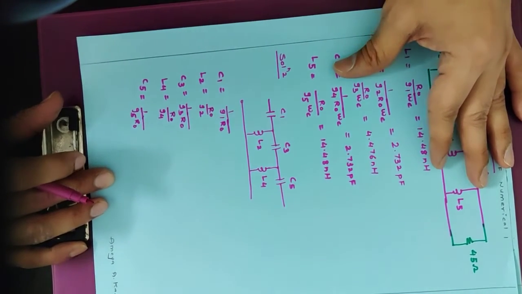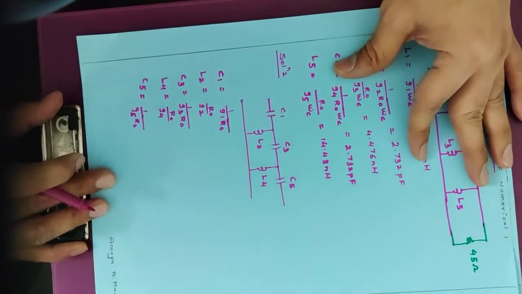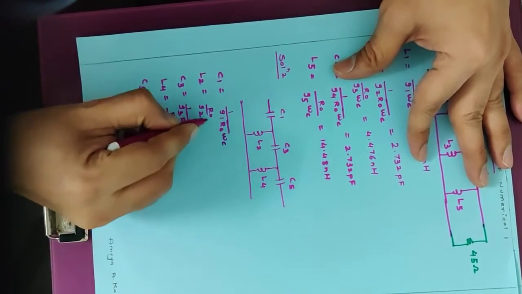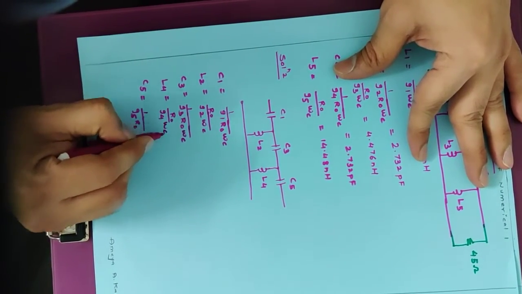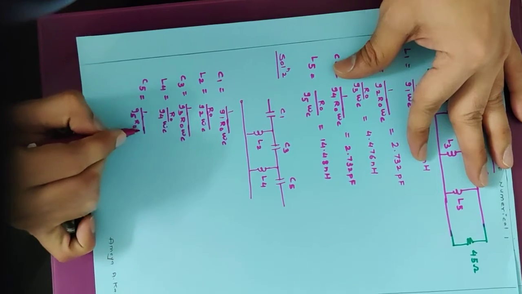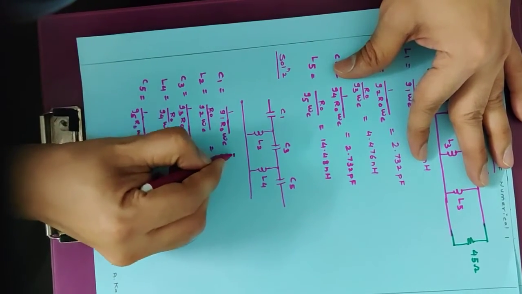After this we have to go for frequency scaling, and for frequency scaling we have to divide by omega c. Every component value will be determined by division by omega c. This is quite simple.